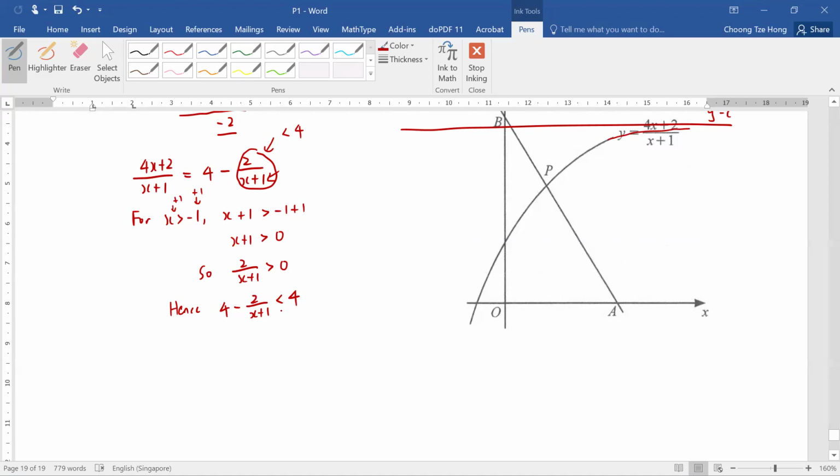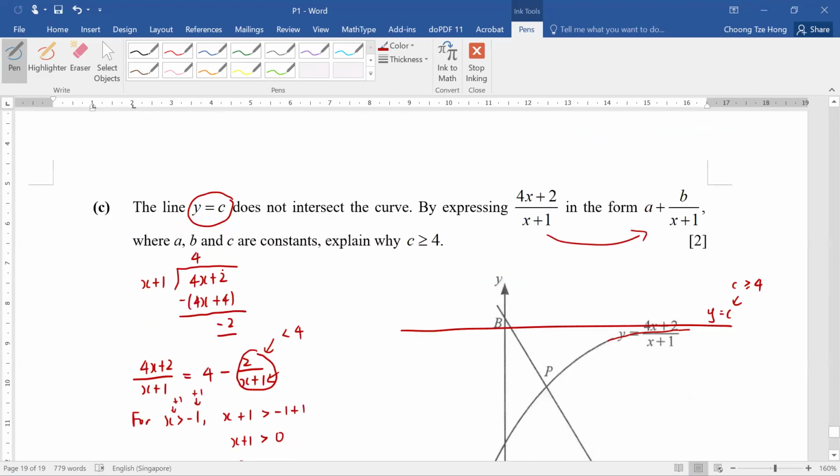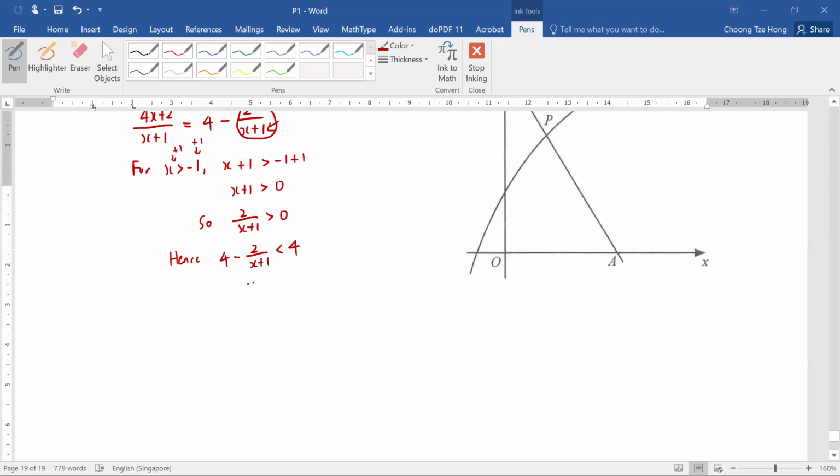This is the equation of the curve expressed in this form, so this is actually the y. In other words, y will be less than 4. No matter what value of x you substitute, it is going to be lower than 4. So since it's lower than 4, it's never going to intersect the line y equals c, where c is 4 or greater.